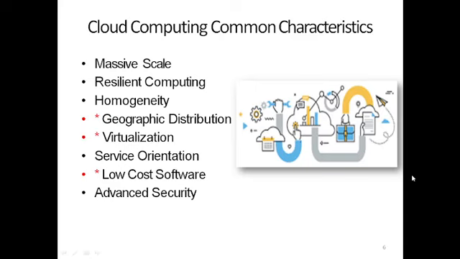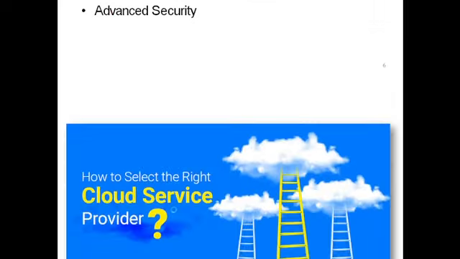Homogeneity in the sense it will be working in the same manner. Geographical distribution, it can be working anywhere at any place. Virtualization is the usage of a single instance of resources among multiple users. So next we know about service orientation, low cost software and advanced security. So it will be more secure.